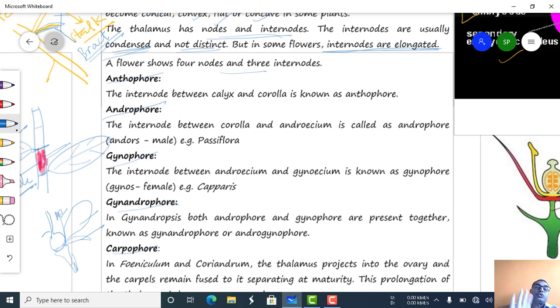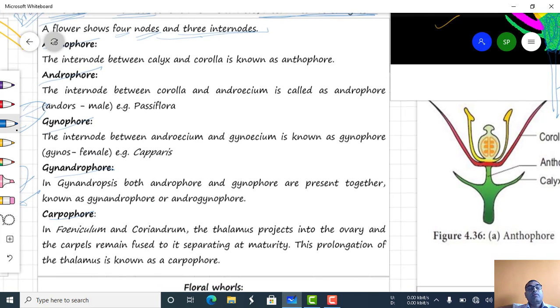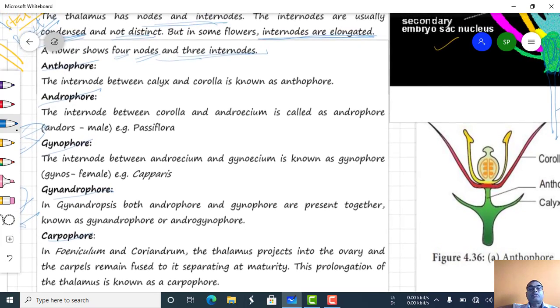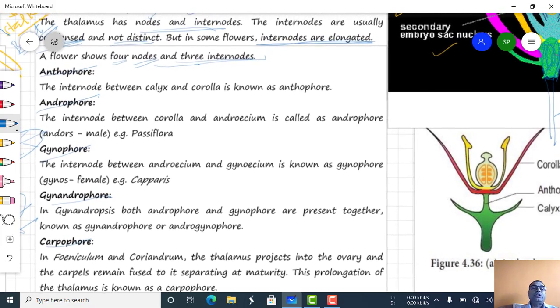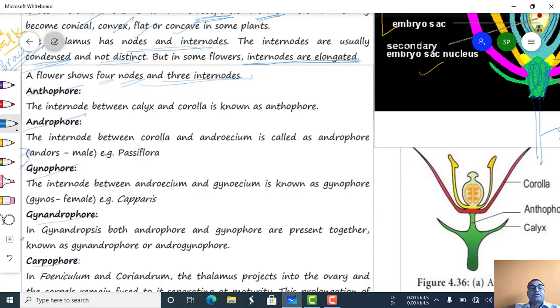At each node, the whorls of calyx, corolla, androecium, and gynoecium, so 4 whorls are present. That means 4 nodes are present, and within them you will observe 3 internodes. Let us see what types of nodes and internodes are present in the thalamus.